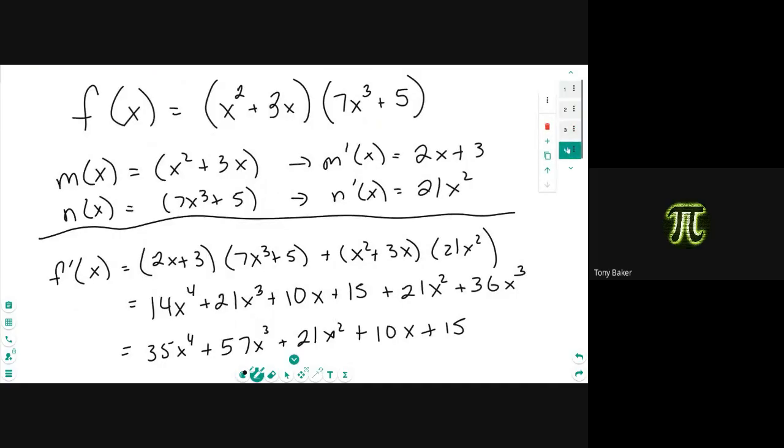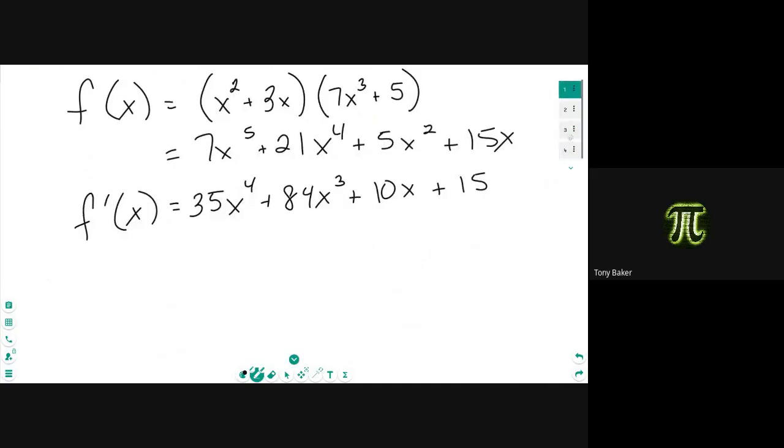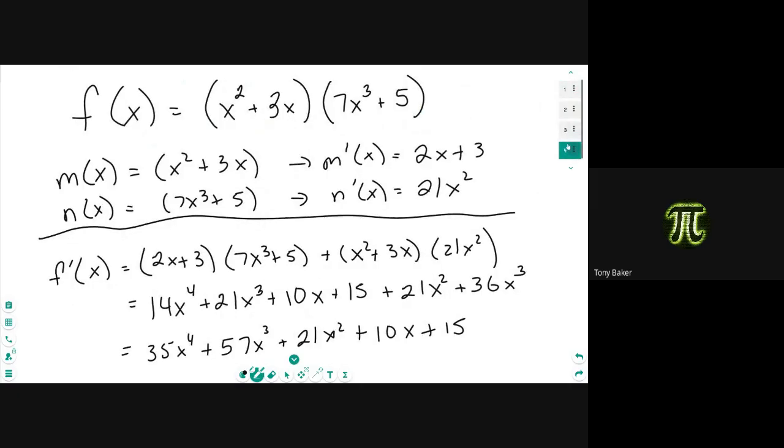Hold on. Because I'm missing, should be x to the third, no, x squared. Oh, that's 21x to the third. That's fine. So 42, it's still 78.